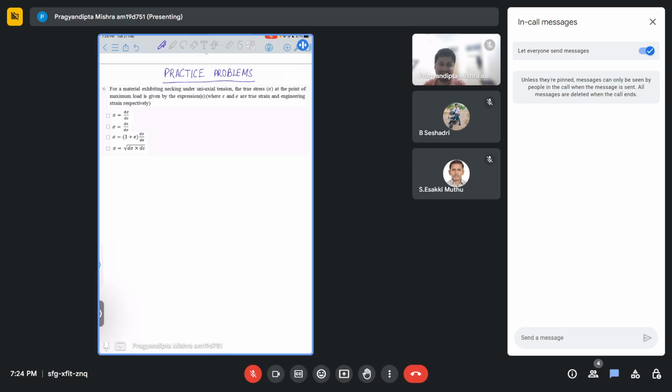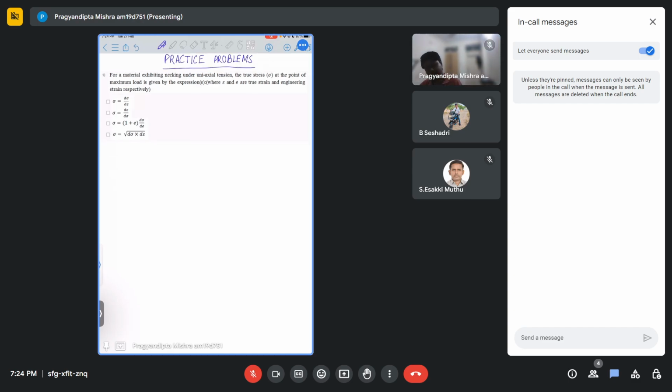I think we have already derived a part of it previously, but let's do it again just for the sake of completeness. For a material which is exhibiting necking under uniaxial tension at the point of maximum load, what will we have?